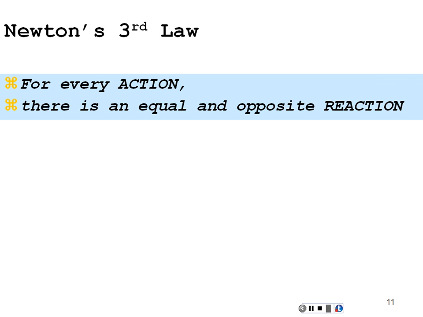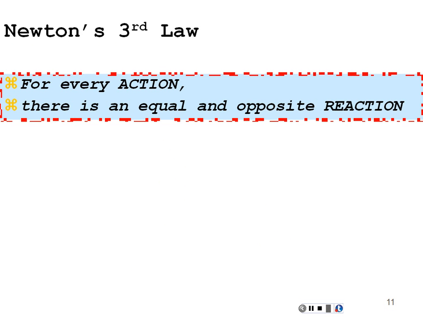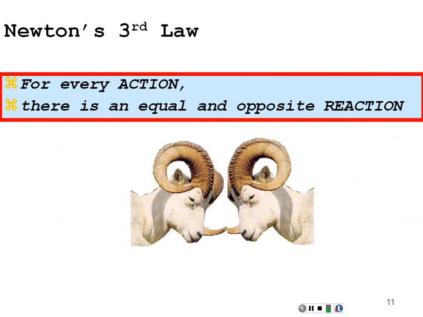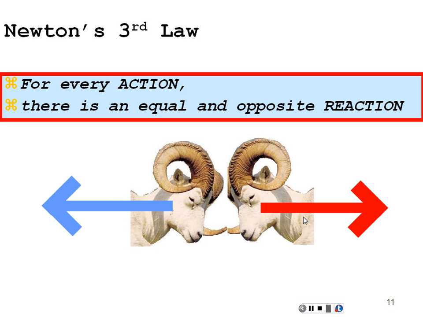Newton's third law, we're going to state it like this. For every action, there's an equal and opposite reaction. Say you had a ram and another ram and they're butting heads. If one ram exerts a force on the first ram, the first ram will exert a force back, equal and opposite, equal in magnitude, opposite in direction.